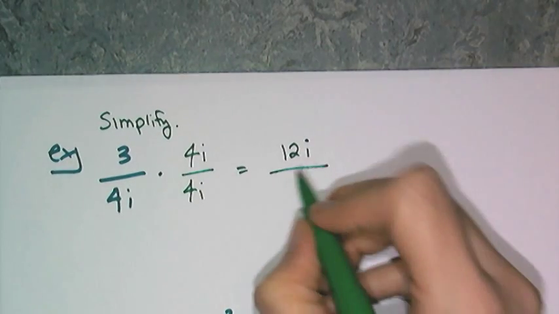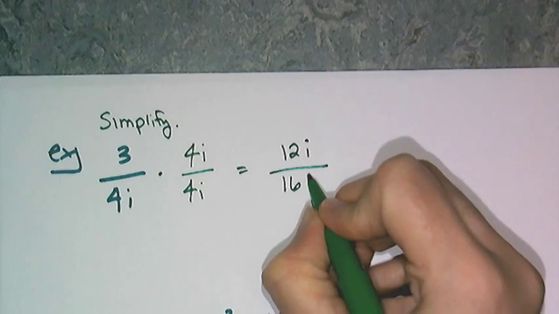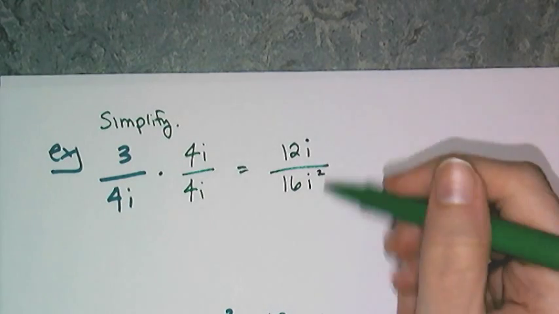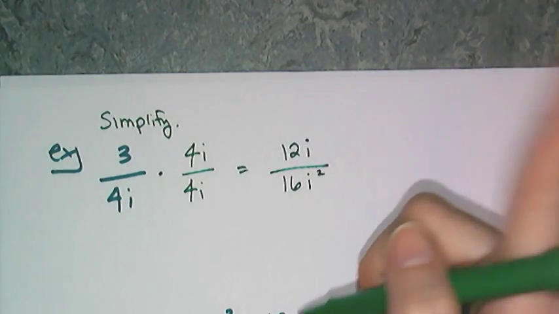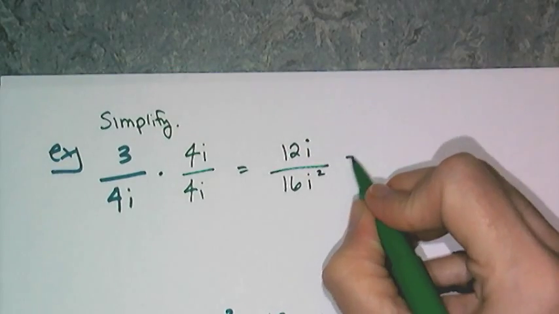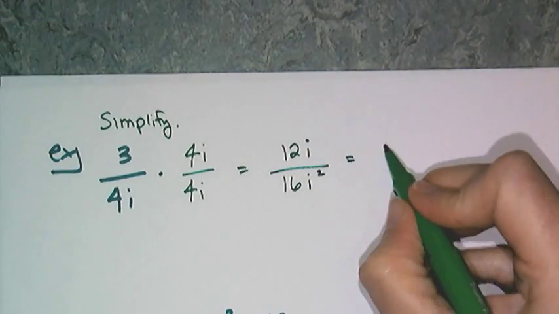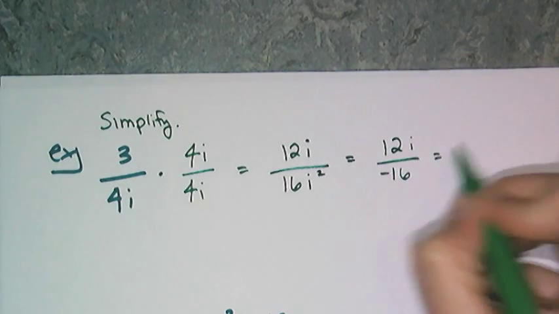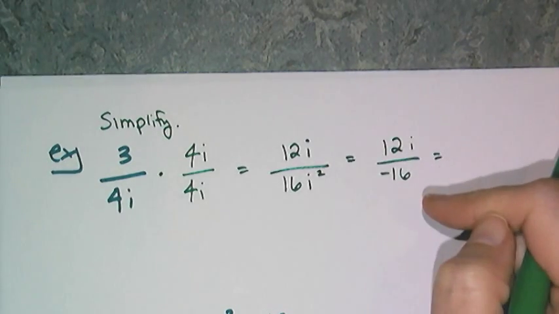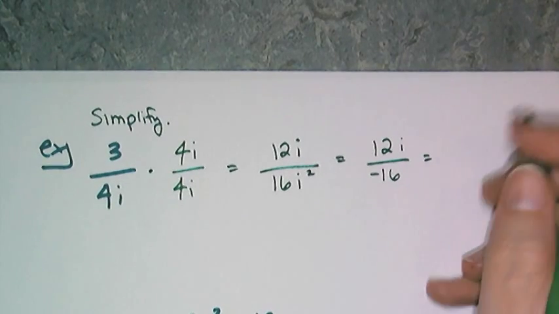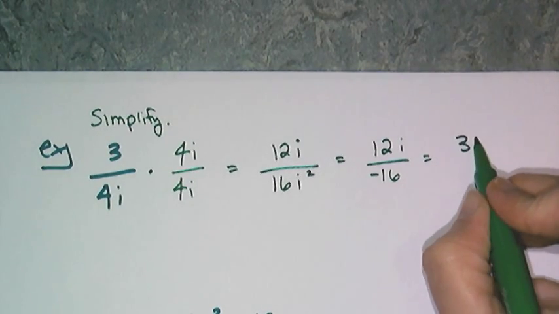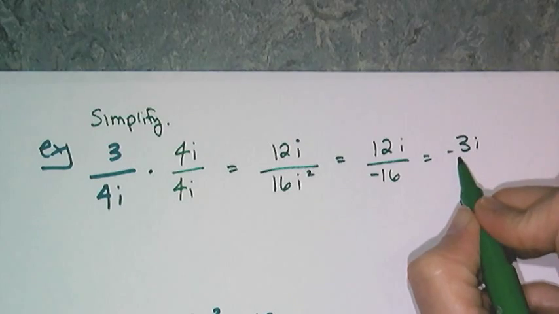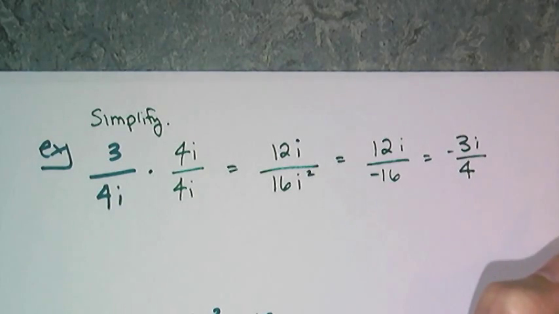In the denominator, we get 16i squared. And you want to just cancel off those i's, but you do not do that, because remember, i squared is -1. So we have 12i over -16. And we don't like 12 over -16. We can divide both those by 4. And we get -3i over 4.